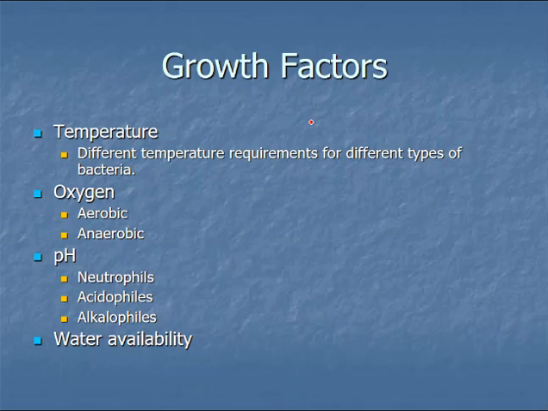Well, the body temperature is a nice temperature on the inside, nicely controlled, a nice moist environment. It has the perfect amount of oxygen. It's got the perfect amount of everything to then start growing. So all those things can affect the growth of a microorganism: oxygen, pH, water, and temperature.